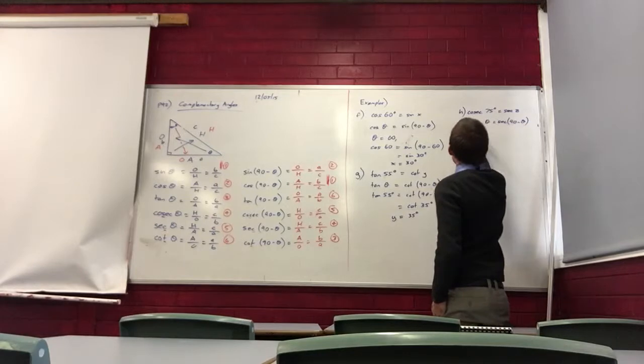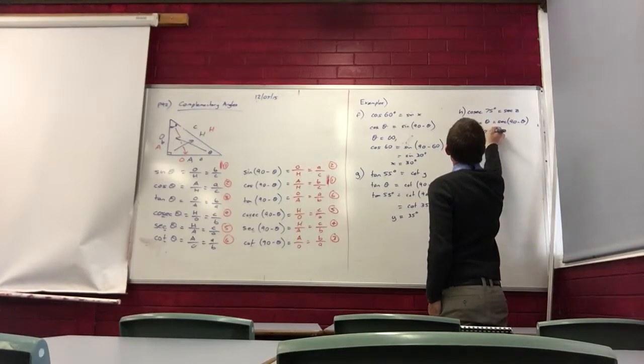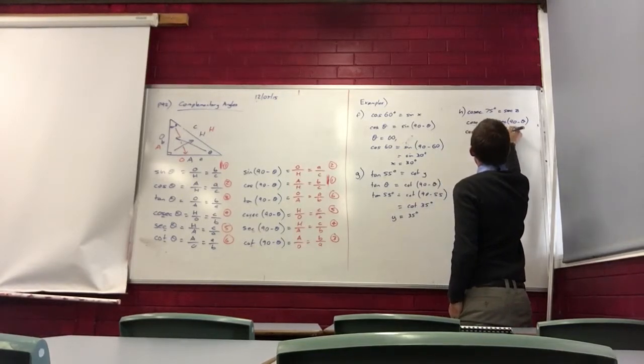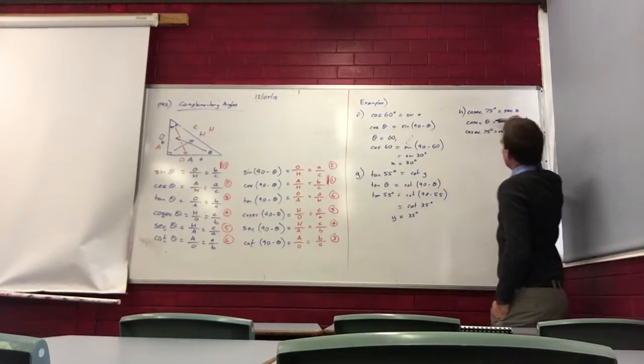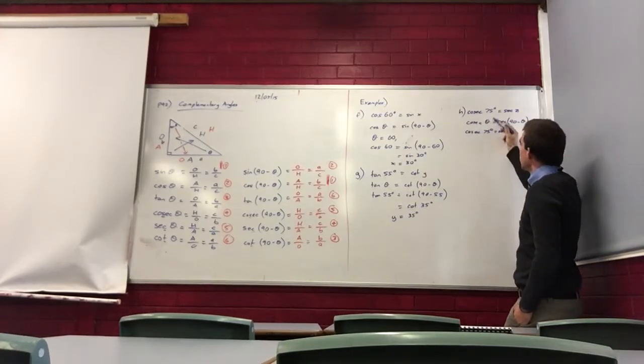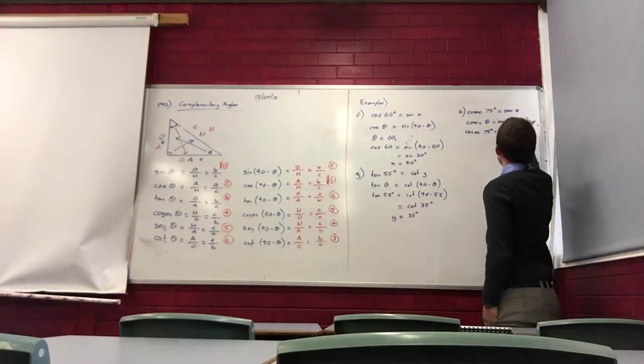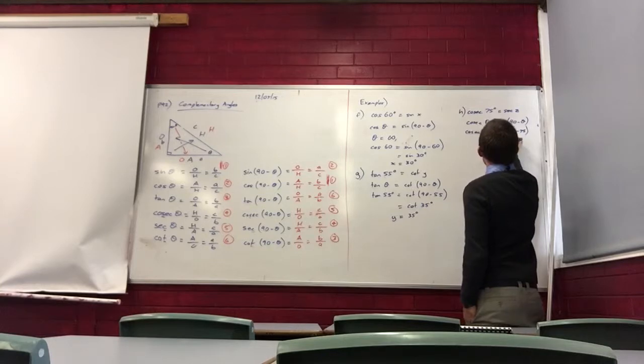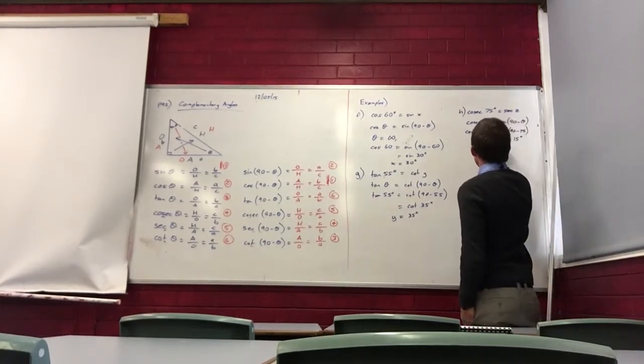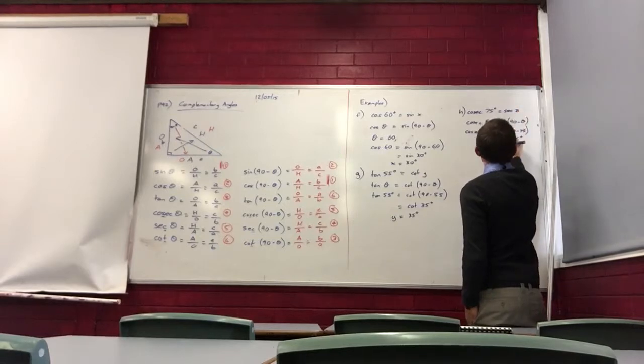So cosec of 75 degrees is sec of 90 minus 75, since theta is 75, which is sec of 15 degrees. Then the last step is to set your variable, z equals 15 degrees.